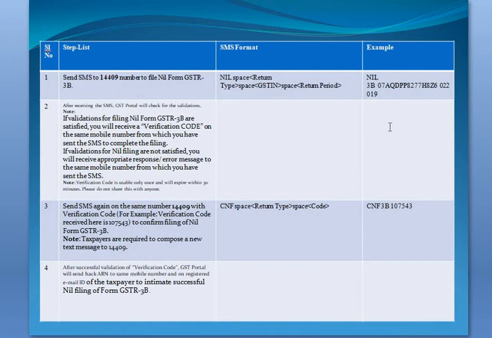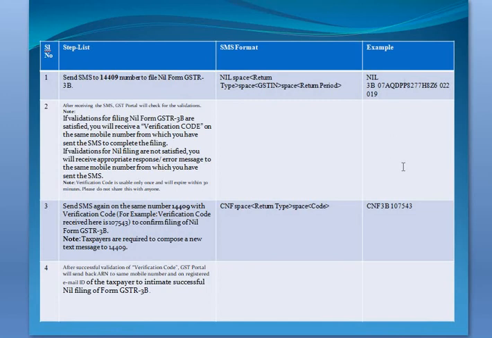Then you again go to messages and type CNF space return type space and the code. The code you will receive after sending the first message.